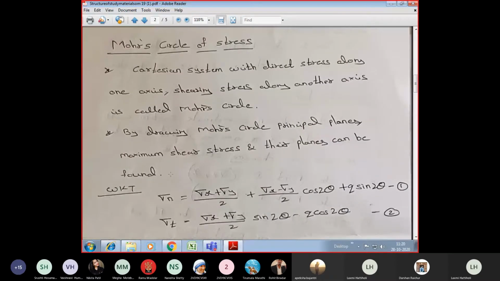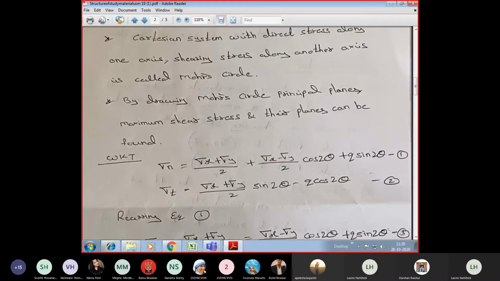That is what has been written here. Now, we know two formulas. We have already derived these: the sigma n and sigma t formulas. I hope you remember these two formulas. What is sigma n? Normal stress. What is sigma t? Tangential stress, right? Same thing I have written here, equation 1 and equation 2. Equation 1 is normal stress.